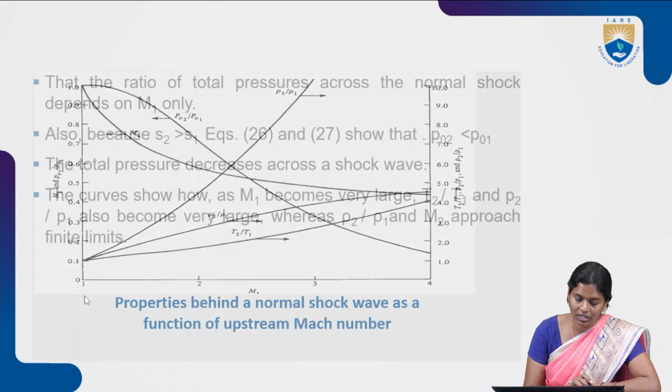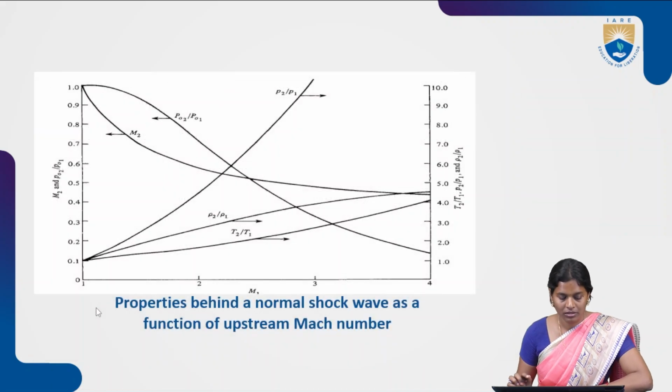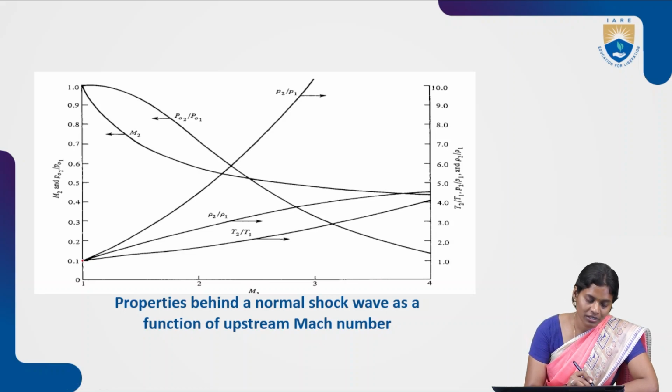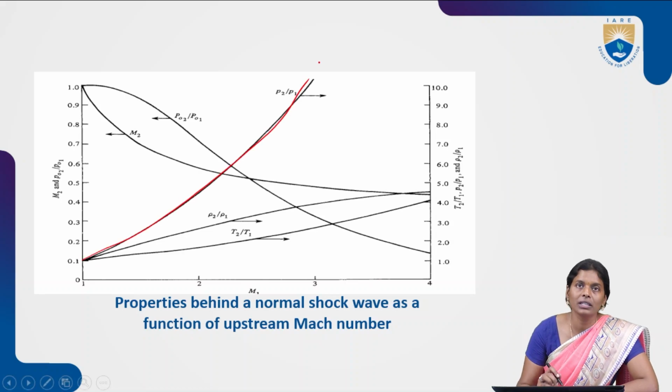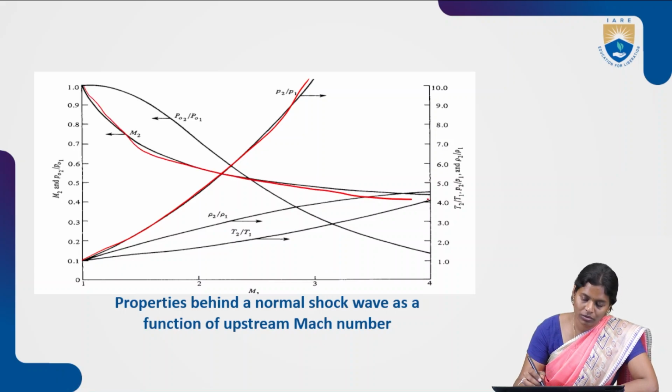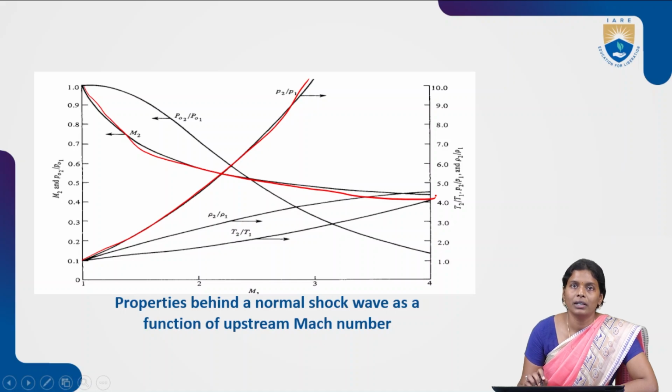As you can see, these are the properties behind a normal shock wave as a function of upstream Mach number. This is the upstream Mach number. The pressure ratio P2 by P1 is increasing. This is the M2 value, and how it reduces.